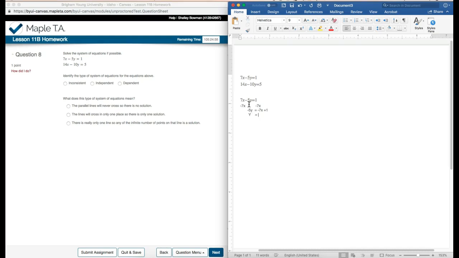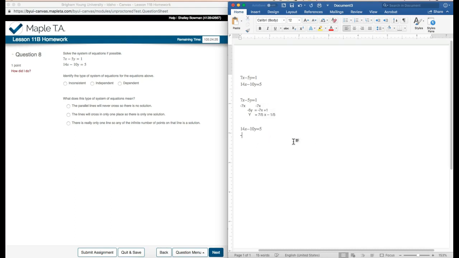Negative 7 divided by negative 5, negative divided by negative is positive, but I still end up with this improper fraction of 7/5 x. And then plus, positive 1 divided by negative 5 is negative 1/5. And that puts it in slope-intercept form. So that, I think, will be the way that most of you end up doing this problem. So we'll go ahead and do the next one, also in slope-intercept form.